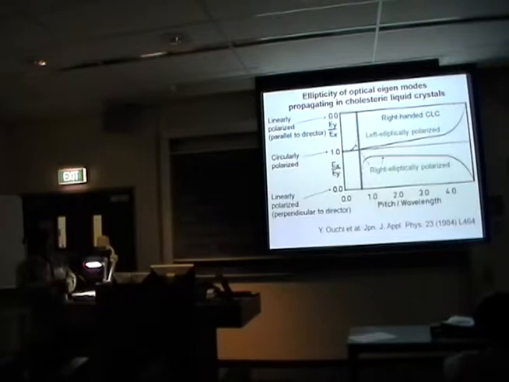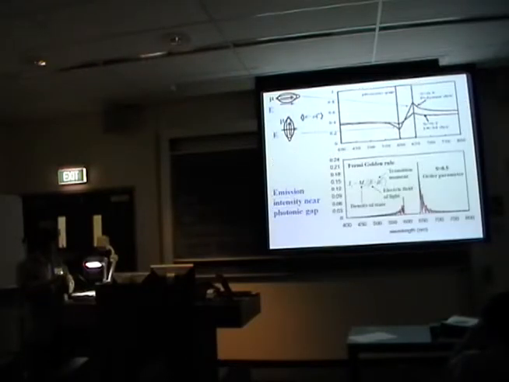However, the optical eigenmodes change drastically in the vicinity of the photonic band gap. At the lower band edge, the optical eigenmode is parallel to the director, but on the higher energy side, the polarization is perpendicular to the director. So that is a very important difference.